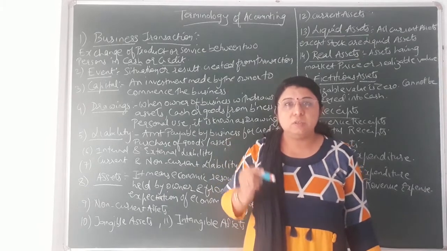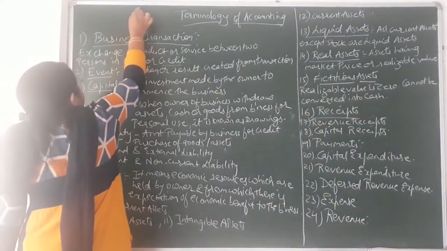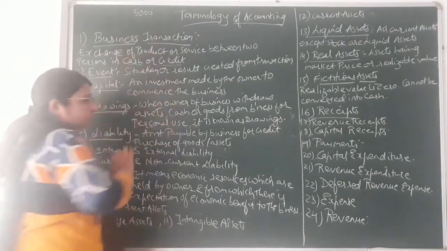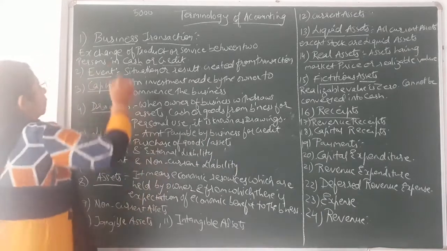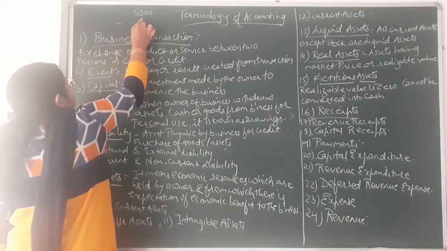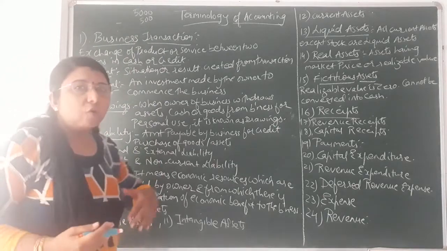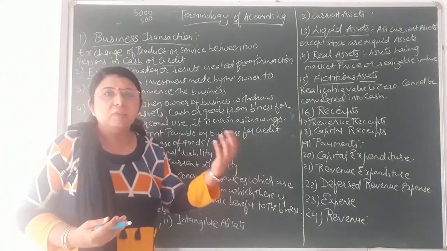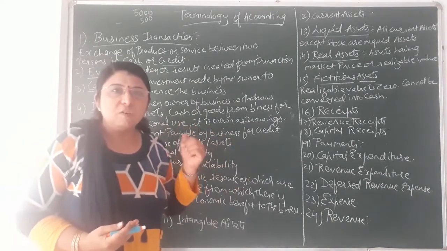As the result of these two transactions, you can see I am writing on the board, sale is made of rupees 5,000. Due to the sale, money is received by us, and on the other side we have paid wages of rupees 500. On one side we are receiving rupees 5,000 and on the other side we are paying rupees 500.